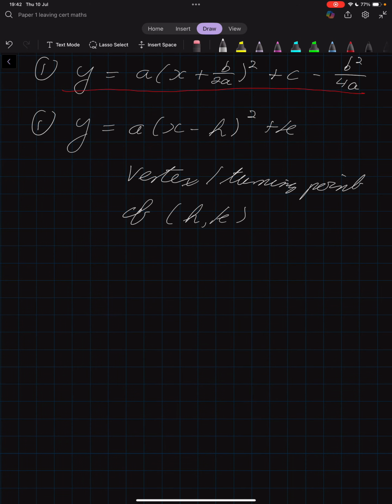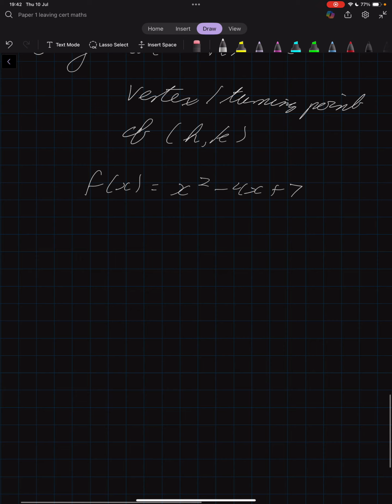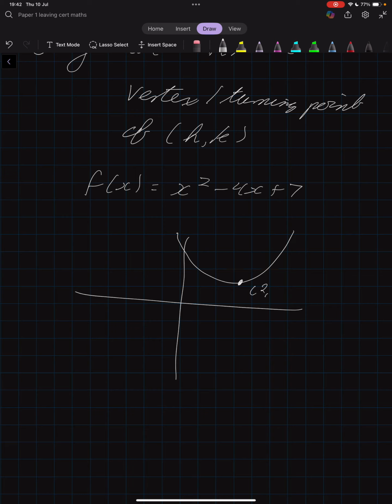Let's say we have f of x is x squared minus 4x plus 7. That looks something like this, where the lowest point here is equal to 2, 3. So remember, quadratics always have one turning point, or a center point, which in this case is here.